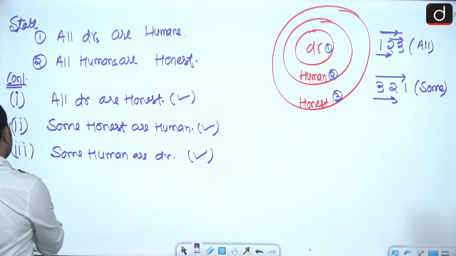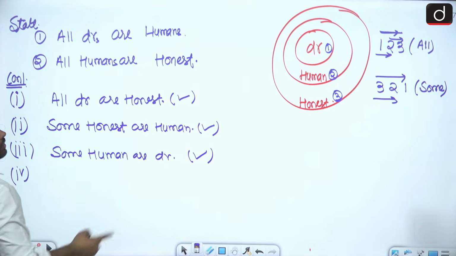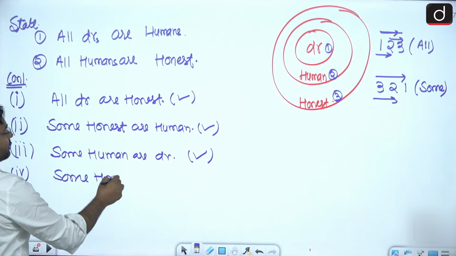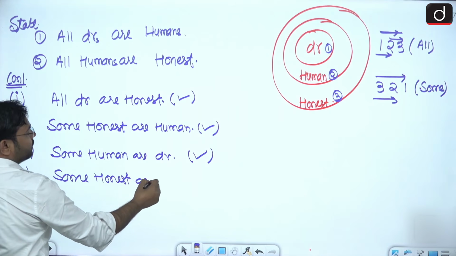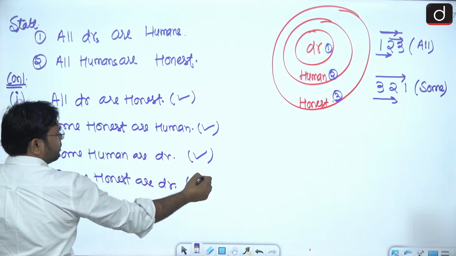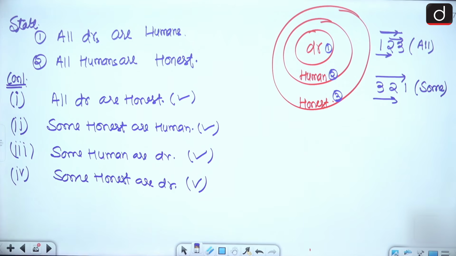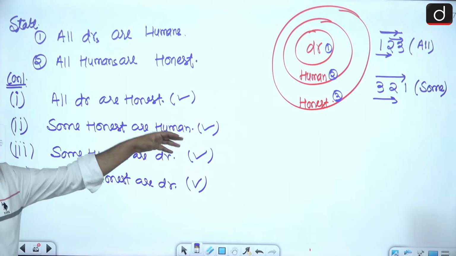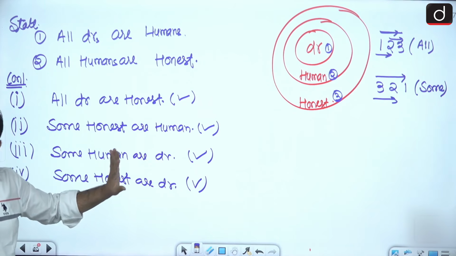Valid conclusion. Fourth one, 3 to 1: some honest are doctors. These are the valid conclusions. Apart from this, all are incorrect.